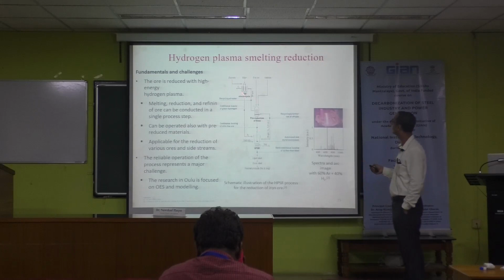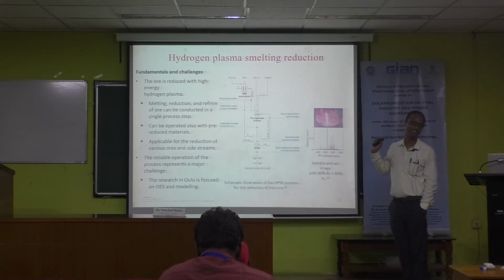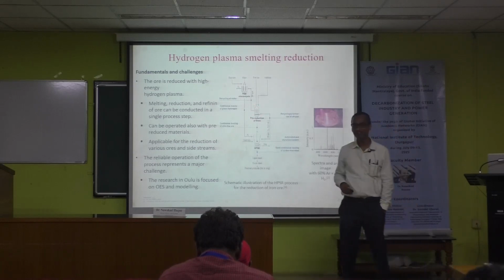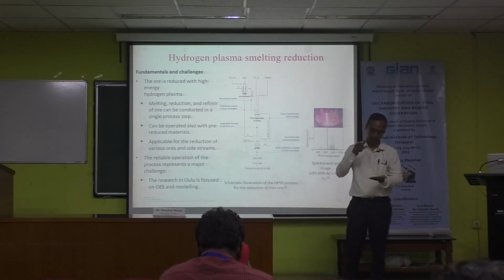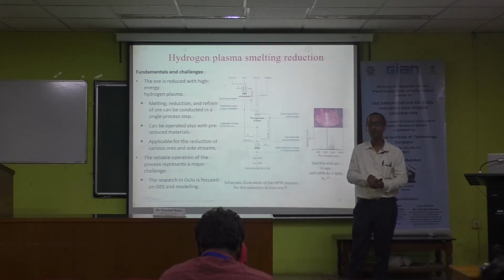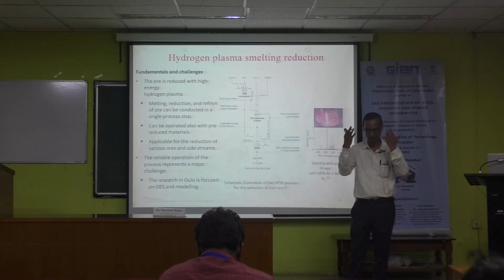Therefore, you can see here pre-reduction, and then they go for the hydrogen plasma. If you do the pre-reduction and separate into metallic part and non-metallic part, then you can effectively treat it in plasma smelting. Otherwise, for melting these gangue materials also, some energy will be consumed for making that slag at high temperature.